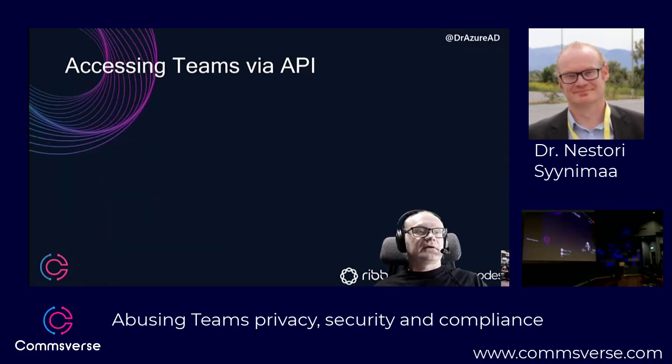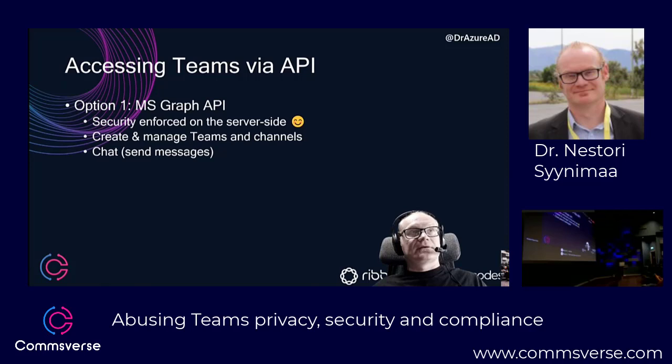You can access Teams via API, or application programming interface. There are two options, and the first one is using the MS Graph API, which is what Microsoft recommends. That's very good because security enforcements are in place and everything is happening on the server side. So you can't do anything that you are not allowed to do.